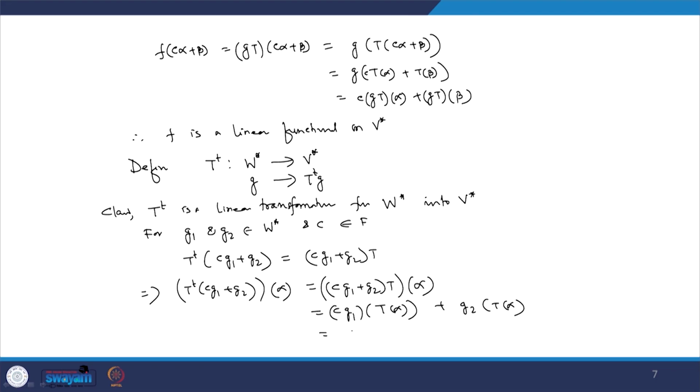So, this is equal to c into g1 of T alpha plus g2 of T alpha. So, this implies what? This implies T t of c g1 plus g2 is equal to c times T t of g1 plus T t of g2.